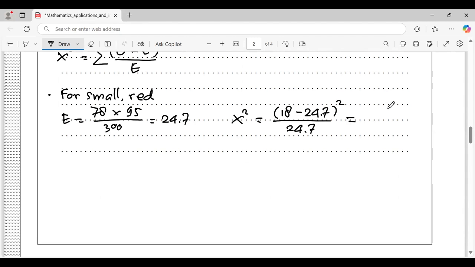And the result is 1.82 on my calculator.